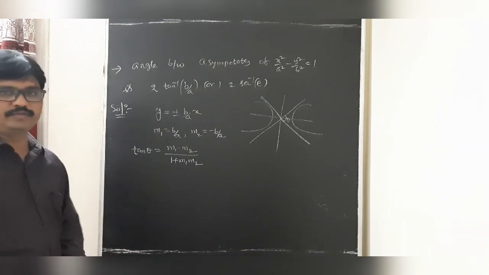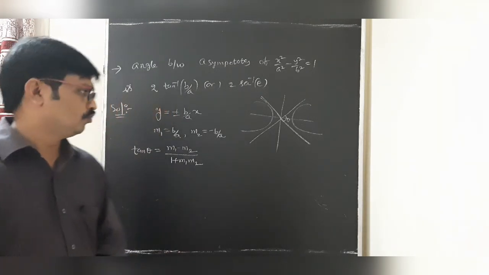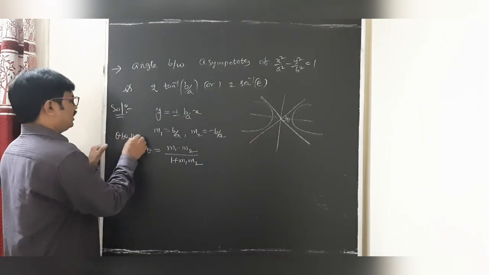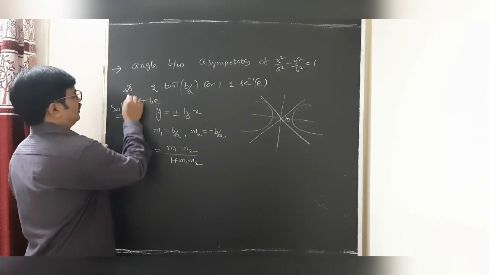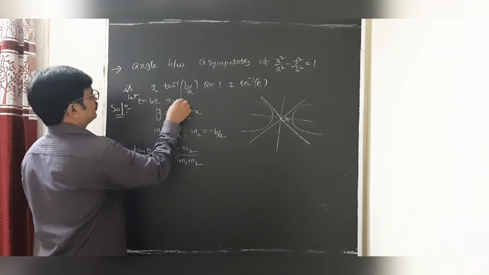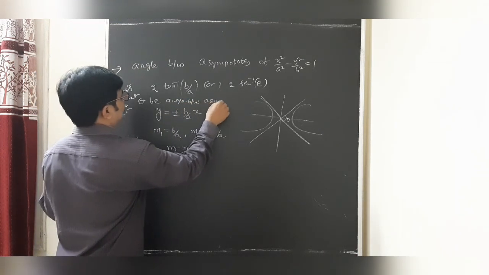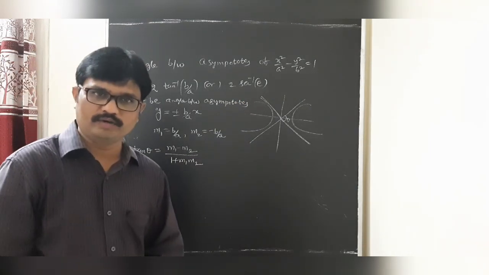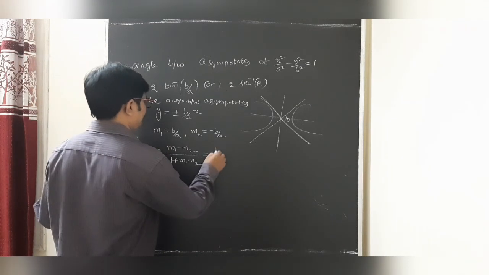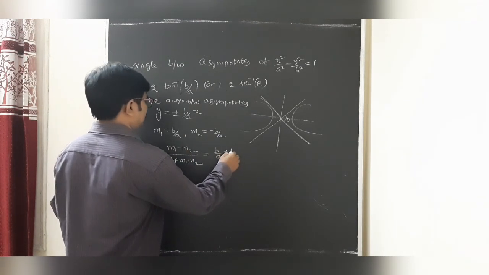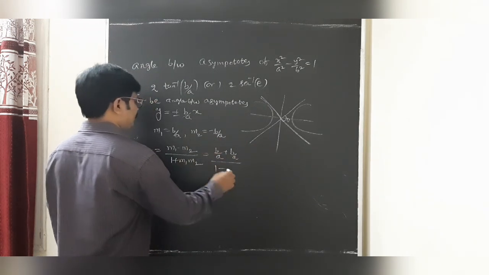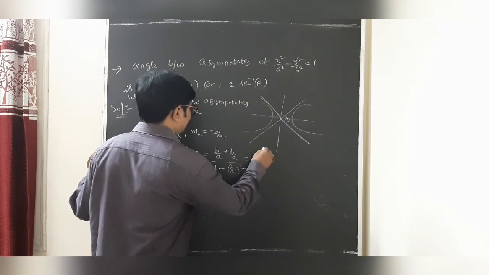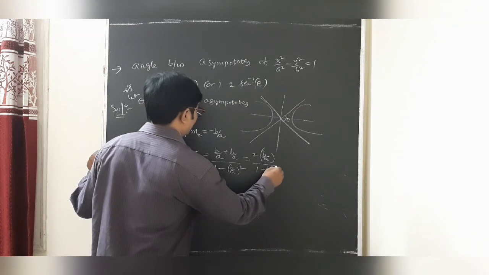Here m1 is b by a and m2 is minus b by a, so the numerator is 2 into b by a, and the denominator is 1 minus b by a whole square.